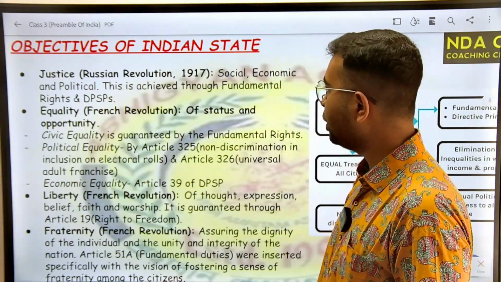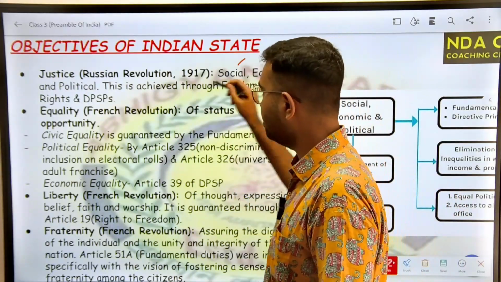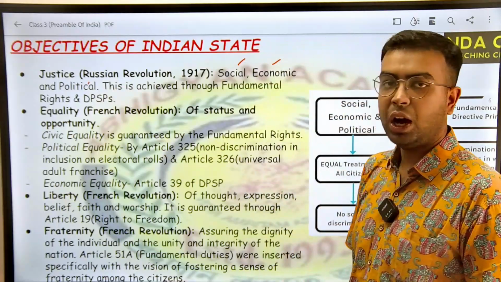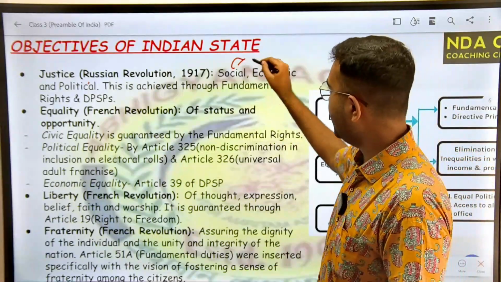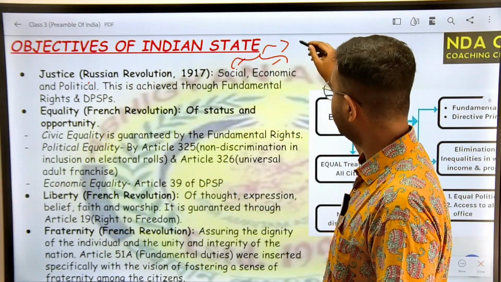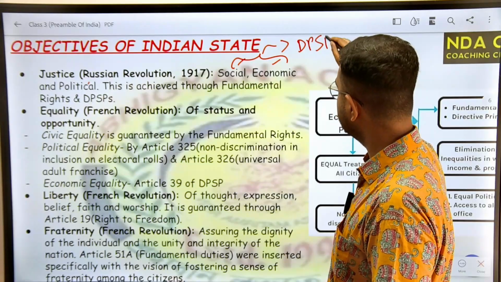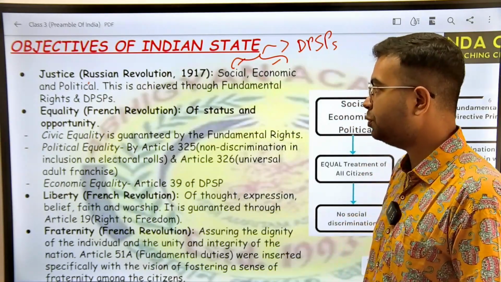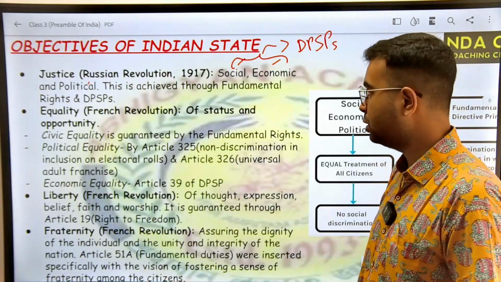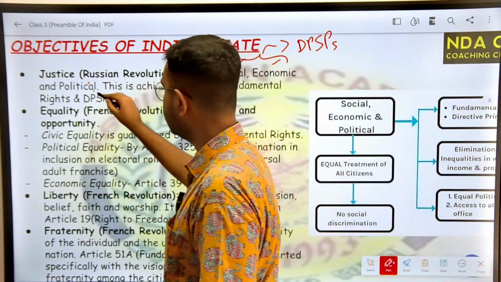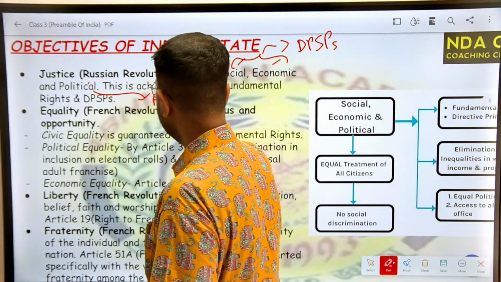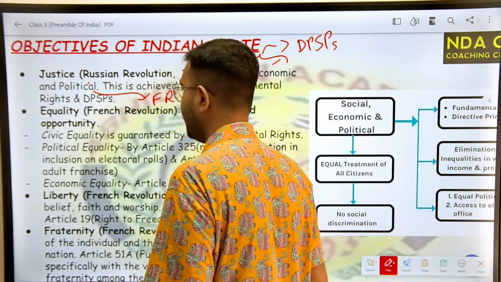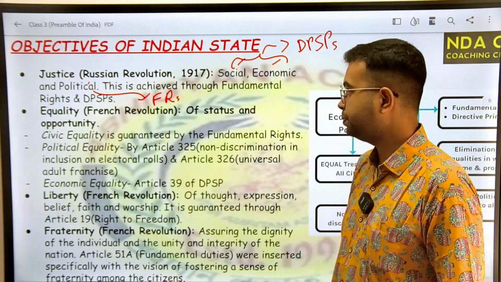And it wants to assure social, economic, and political justice. Now, how is this done? Social and economic justice is ensured by DPSPs, the Directive Principles of State Policy, which we will do in part 4. And political justice is achieved through the FRs or fundamental rights in part 3 of the Constitution.